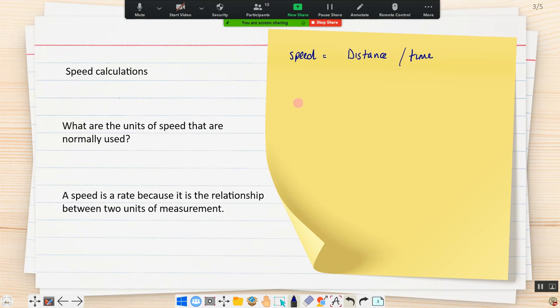We went through a whole sheet where we converted lots of different ones, but we did say that there are some that we would normally use. What would they be? Yeah, so we would have miles per hour, call that mph, and kilometers per hour.